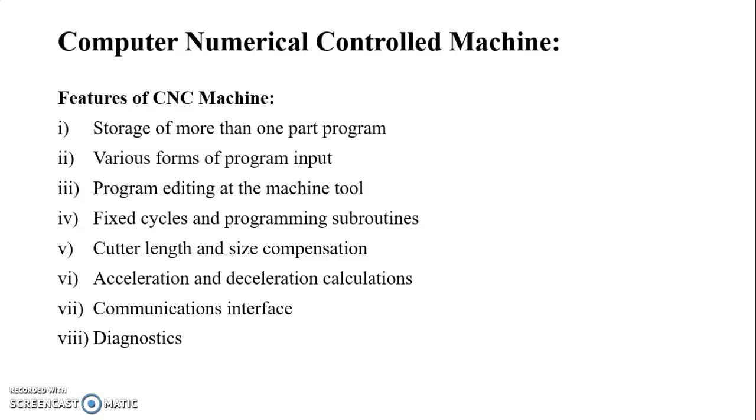The next feature is cutter length and size compensation. A program written for a particular diameter of tool can also execute properly for different tool diameters. Similarly, the same program can be used for varying lengths of tool by entering the proper dimension into the MCU.